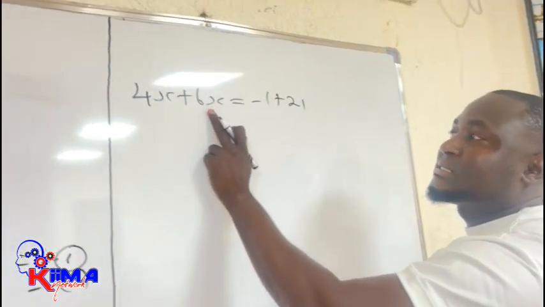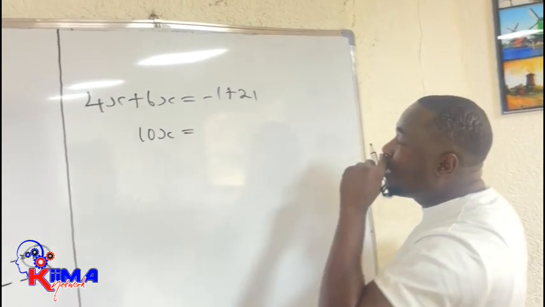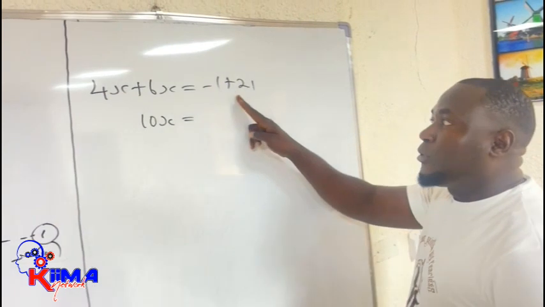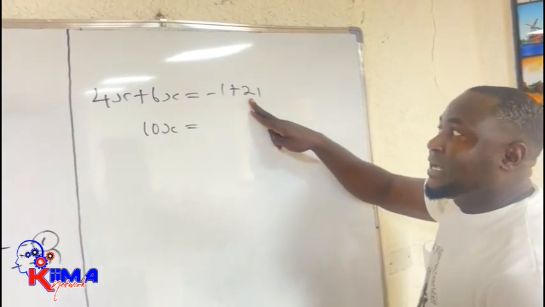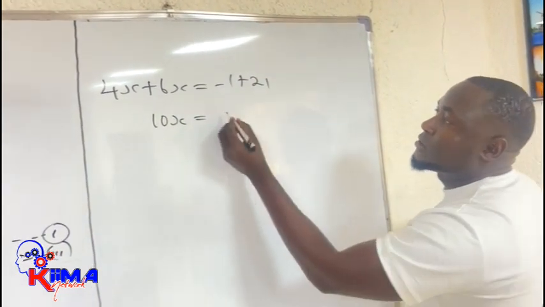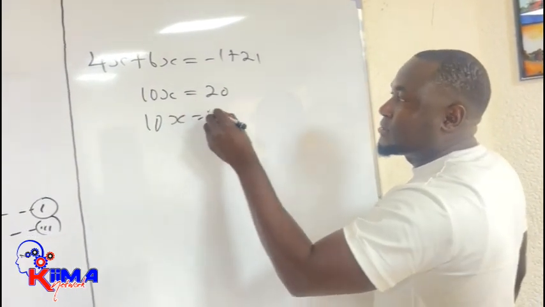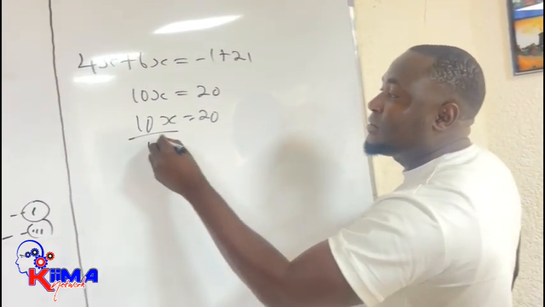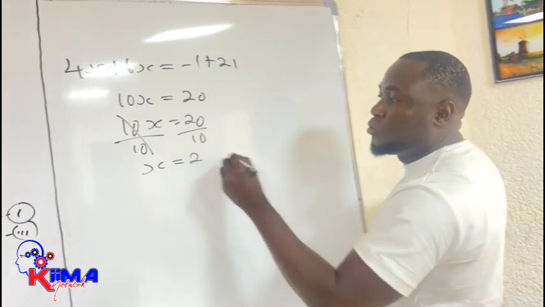So 4x plus 6x gives us 10x is equal to -1 plus 21. Negative and positive, the higher number carries the sign. So -1 plus 21 gives us 20. Now we are looking for x. We divide both sides by 10. Therefore, x is equal to 2.